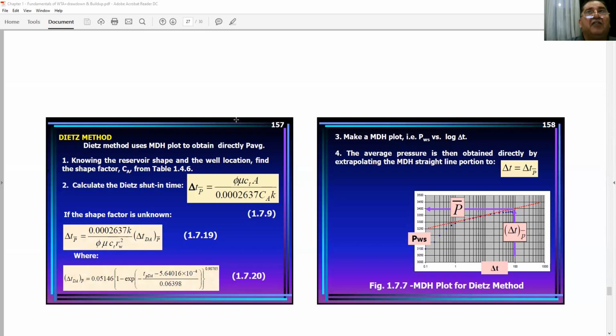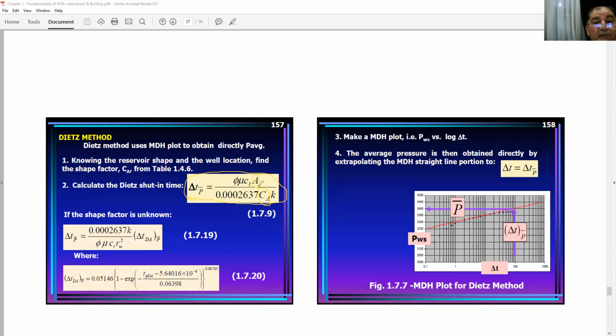If we know that the reservoir is a circular drainage area, we can go to table 146 and get the value of the shape factor, C sub A. When you know the shape factor, you will be able to calculate delta tp dash. Delta tp dash is calculated from this model 179, and this is your shape factor, and this is your drainage area.